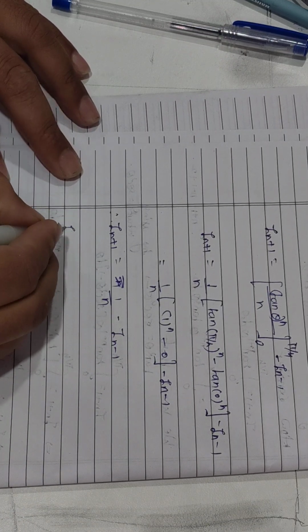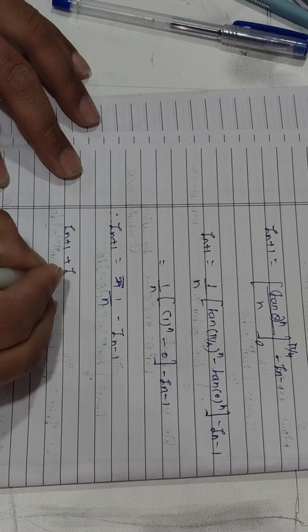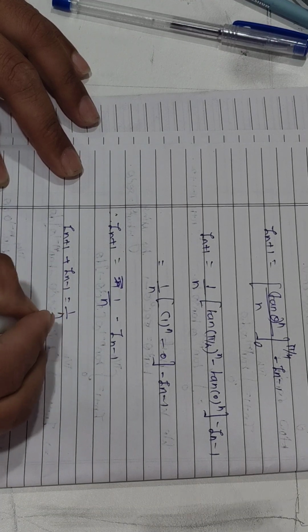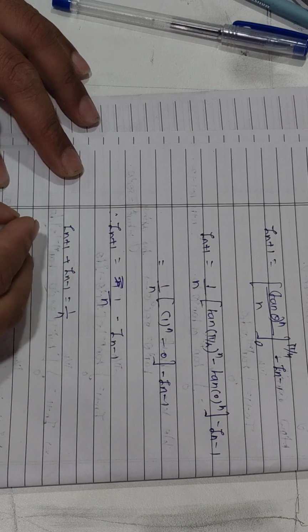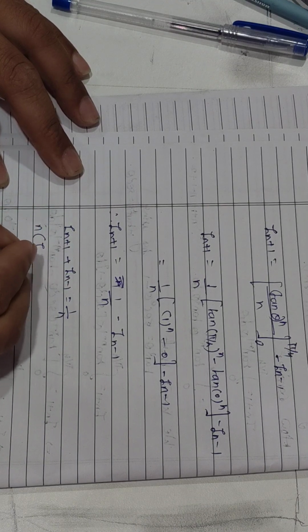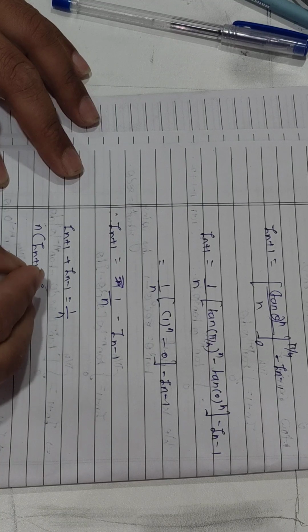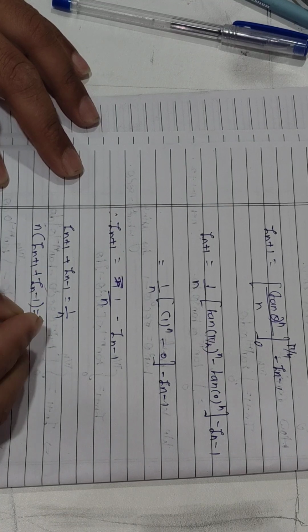Now we take I_{n+1} plus I_{n-1} equal to 1 upon n, where n is divided, so multiply on LHS: n into I_{n+1} plus I_{n-1} equal to 1.